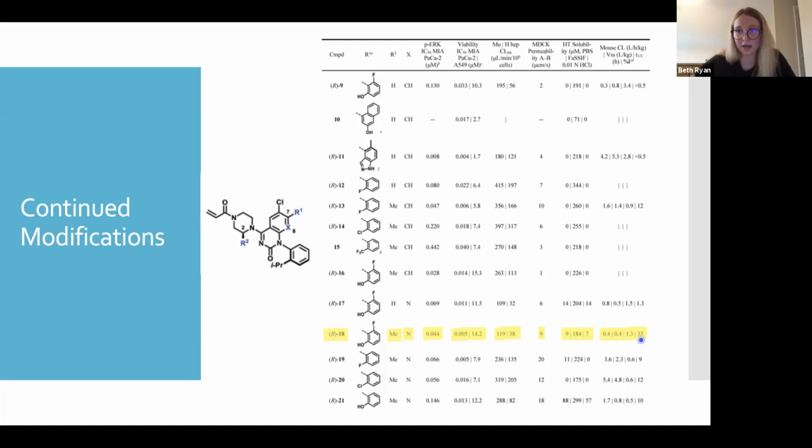From what I know, I think this is where they ultimately made the decision on which compound to pursue, because there's no contest with bioavailability for compound 18. 33% is by far the highest of all of these compounds, so I think that's why they chose to pursue it in the end, because more of it was able to survive being digested and actually get into the bloodstream, which is important for a drug because it has to survive that pathway. So I think this was really the kicker as to why they chose to pursue compound 18.